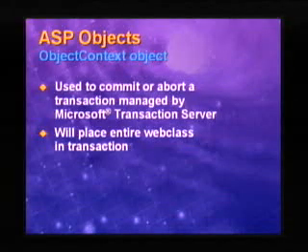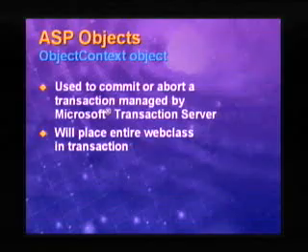The ObjectContext object. This was introduced in IIS 4.0 to give transaction functionality to web pages. And how you would go about doing that is putting a transaction directive in the actual HTML page itself. If you use this with the web class, you won't have problems, but you're probably not going to get what you expect either, because this is going to place the entire web class in a transaction, which you don't want to do.